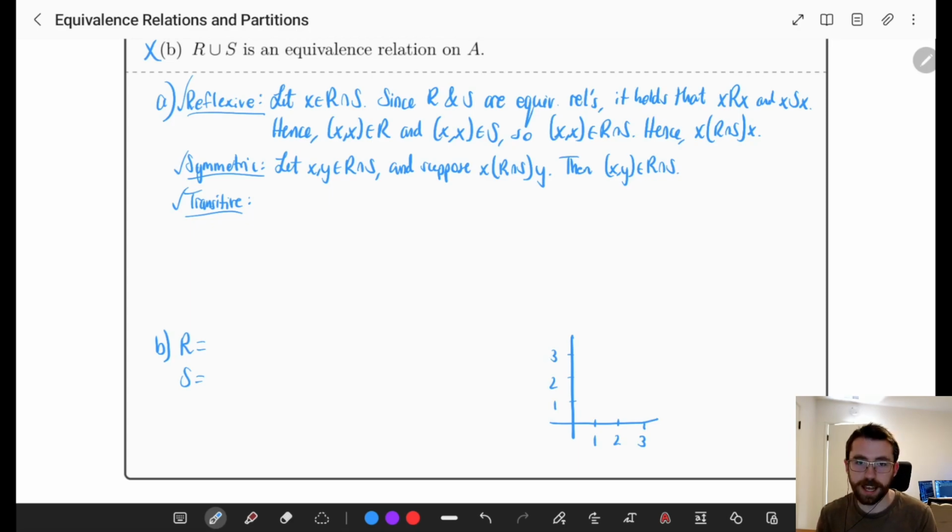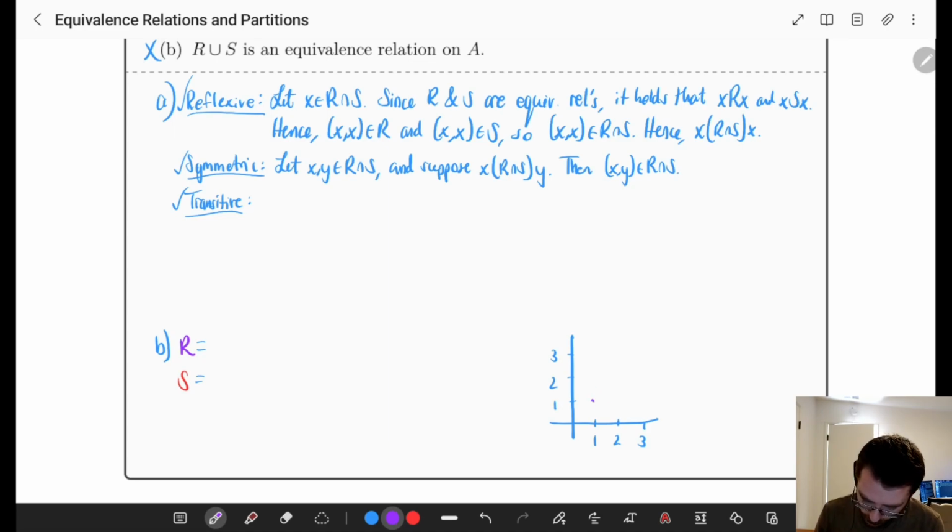So this is my set A, it's 1, 2, 3. And I'm drawing A cross A. What do I want my relation R to look like? Let's say R is colored purple and S is colored red, just so I have some way to distinguish them on this graph.